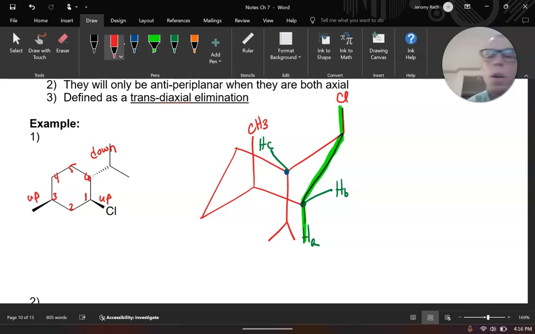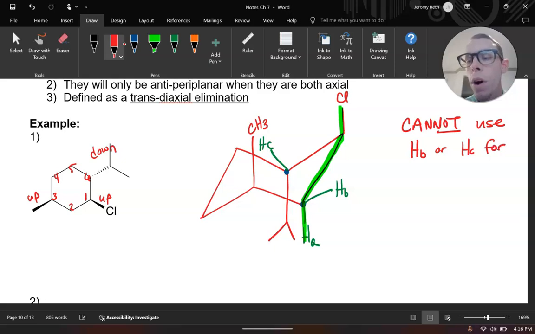So here, we cannot, emphasis on the word not, use my HB or my HC for my elimination, because those are not anti-periplanar. The only one that I could abstract is going to be my HA.